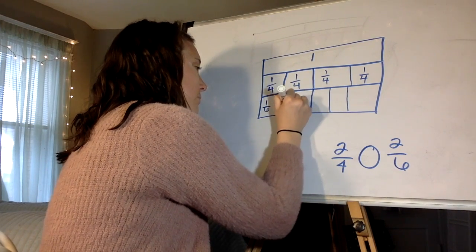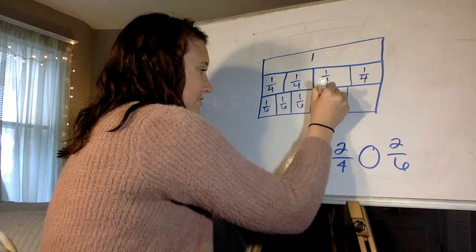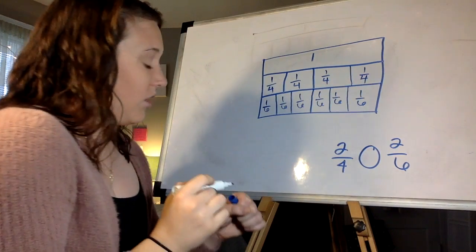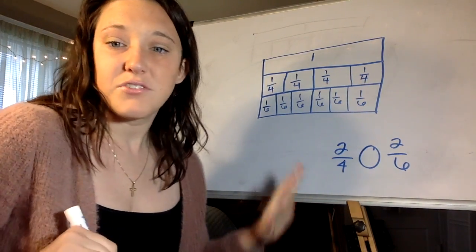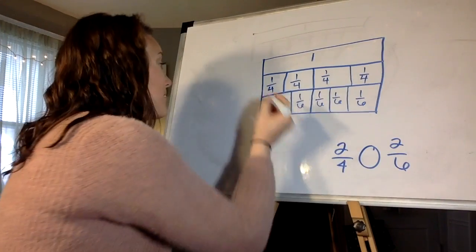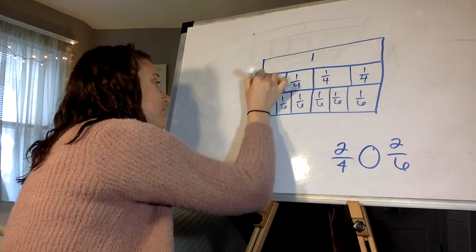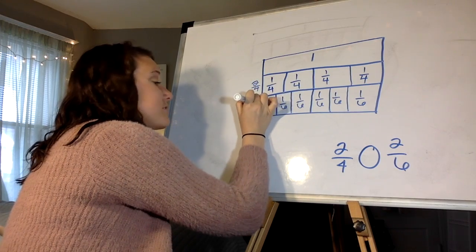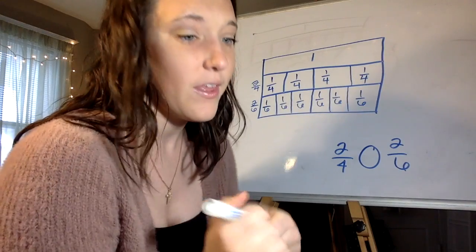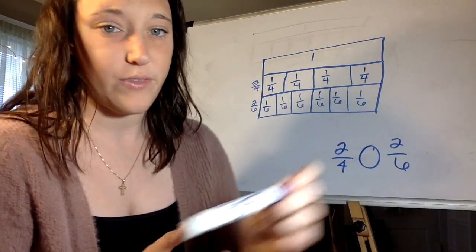So I can try to get the most adequate equal shares. All right, so that's the first step, okay, is looking at our fraction strips. And then it tells you that this fraction right here is our 2/4 and this is our 2/6.